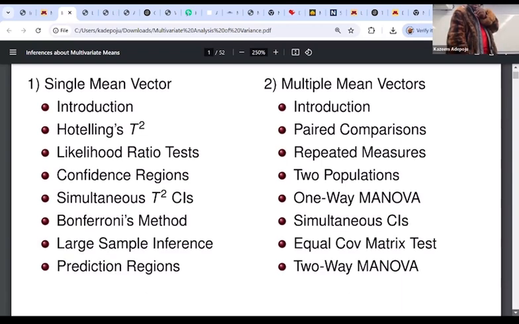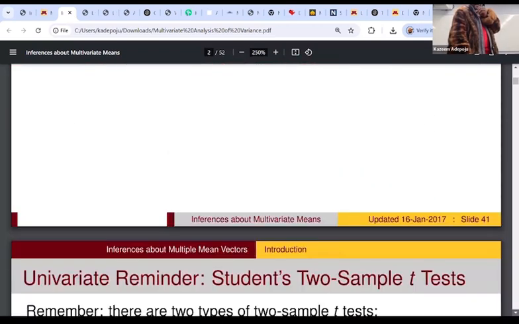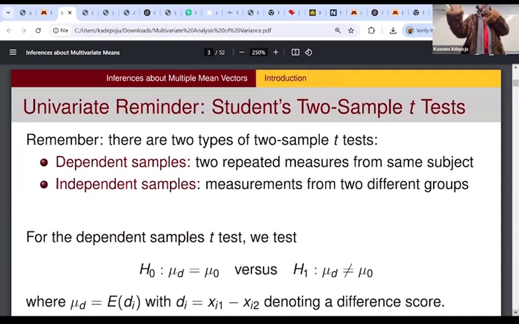Now, for you to be able to understand the two groups that we want to talk about today, I first want to have a recap on two groups with univariate, because to understand two groups with multivariate, you need to first have a recap on two groups involving univariate.